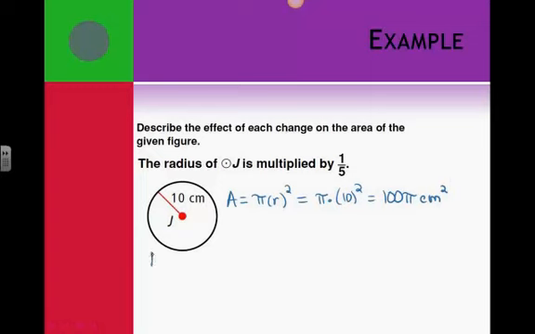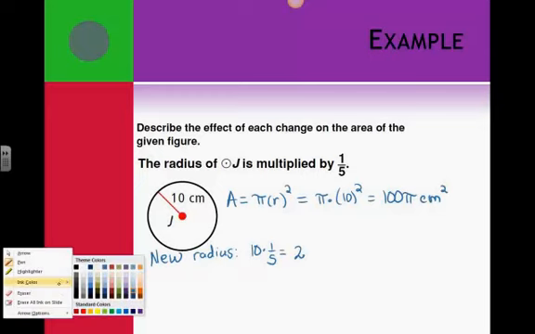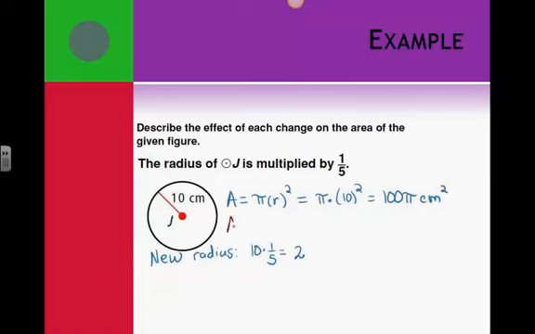But our new radius is going to be 10 times 1/5, so our new radius is 2. When we find our new area, it's pi times our new radius squared, which is 4 pi square centimeters.